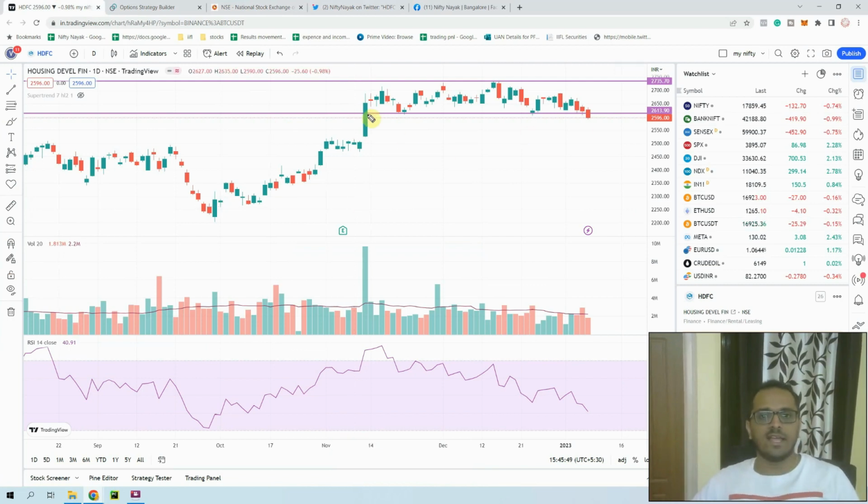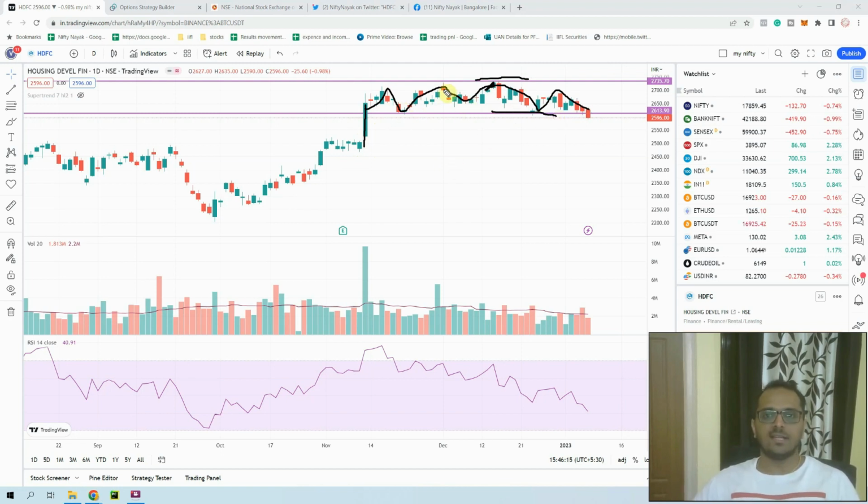Here you can see that HDFC on 11th November made a huge rally, and after that it has been in this tight range. HDFC is not able to break this level on the upside, and on the lower side it is not able to break this one.